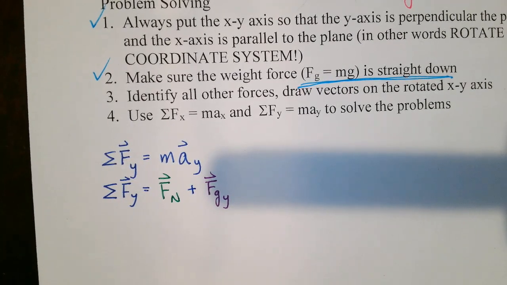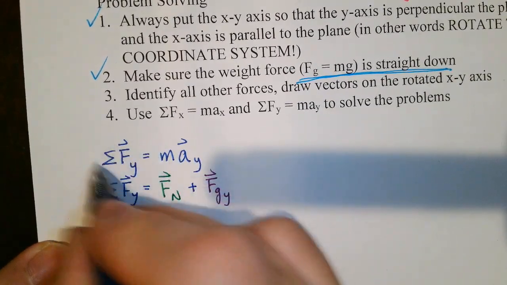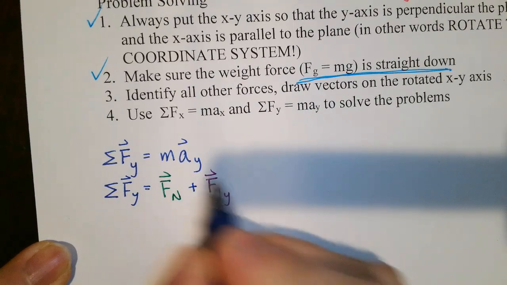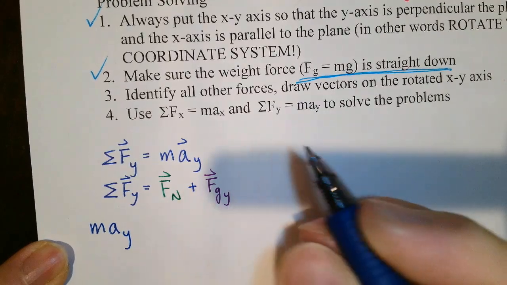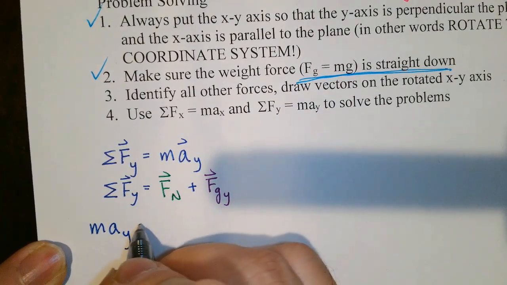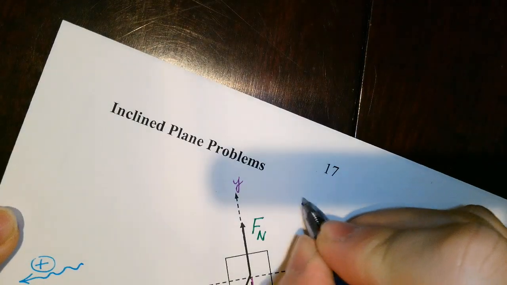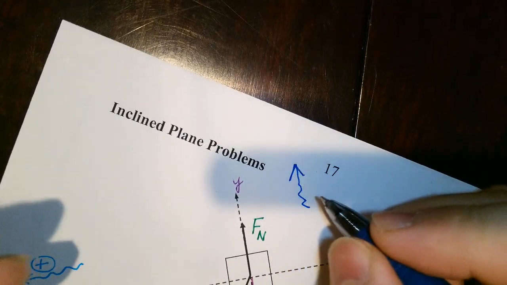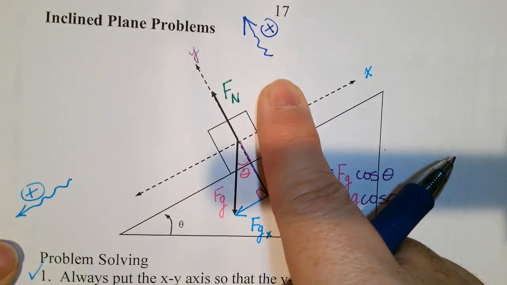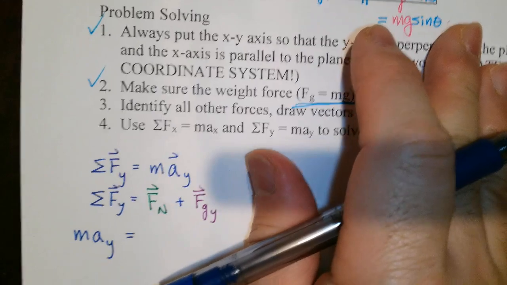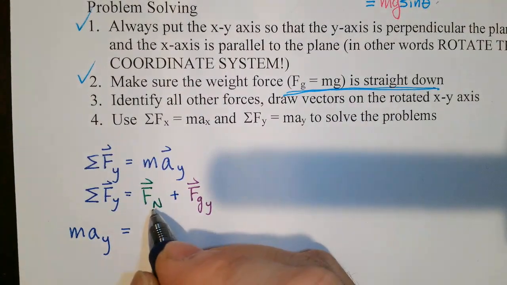So when I set these two equal to each other, then M, A, Y is equal to, now I'm going to consider the direction of motion, or in this case I'm going to call up positive, because it really doesn't matter because my acceleration is going to be 0 for this. So F normal will be positive because it's pointing up.